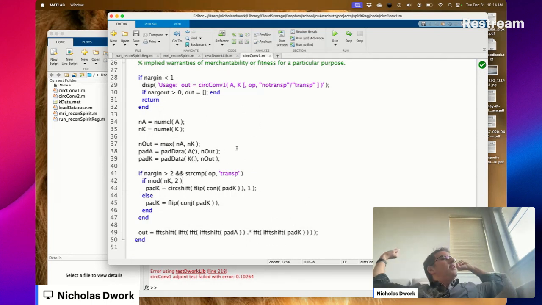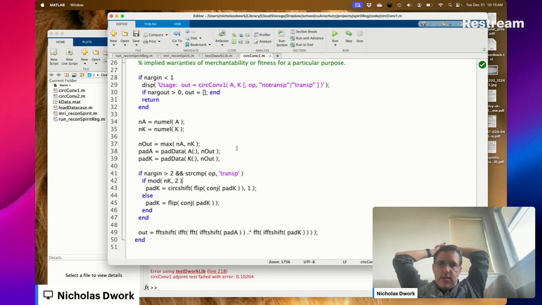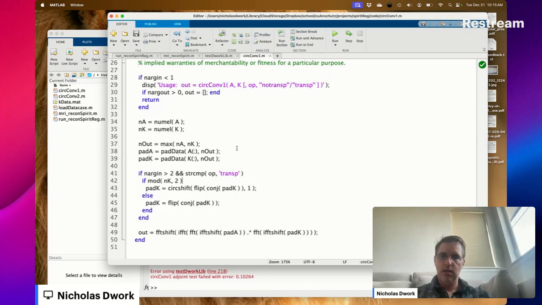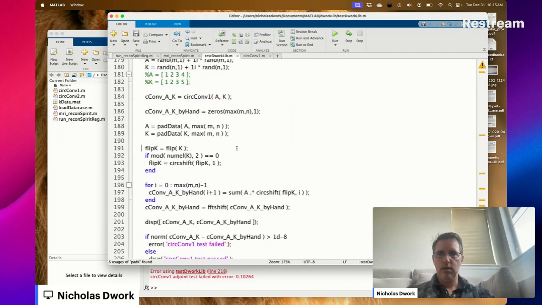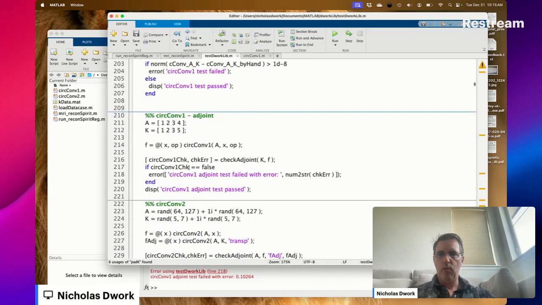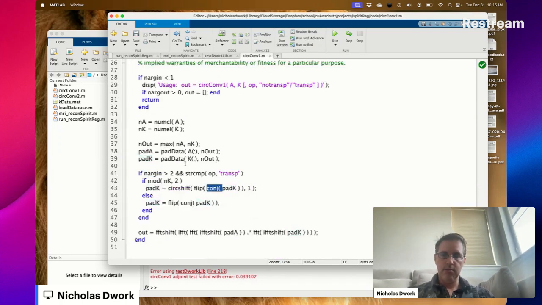Cross correlation is convolution with the second argument flipped. I don't conjugate. Or do I? No. I don't know if I do or not, but that didn't fix it.